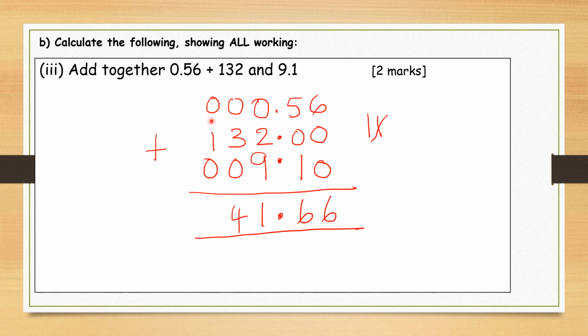And 1 plus 0 plus 0, that is going to give me 1. So my answer is 141.66. You're going to get your marks here for doing this particular question correctly. I'm going to put it in purple, and then the final answer.